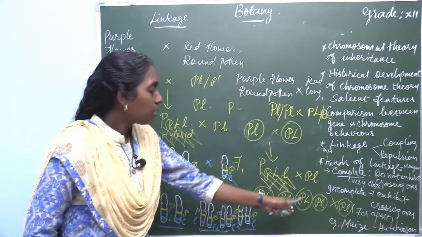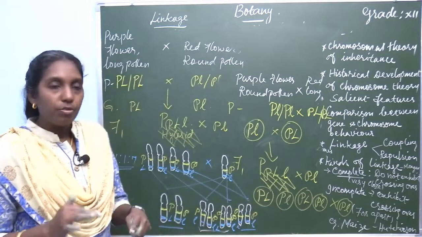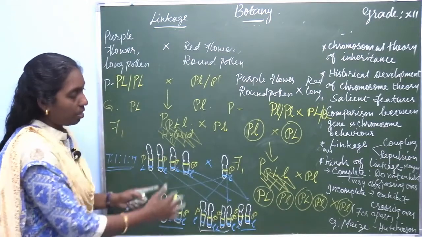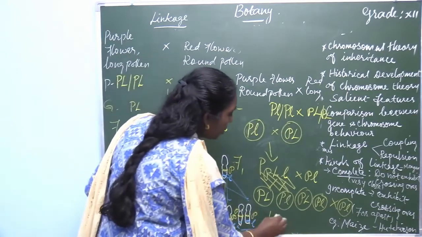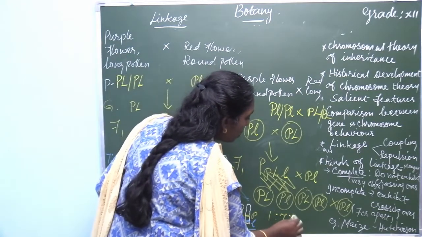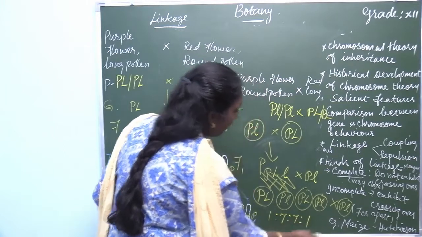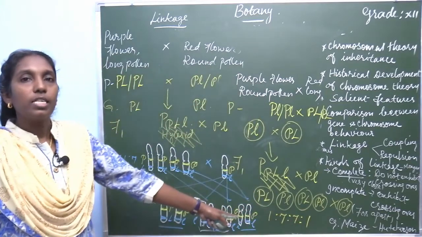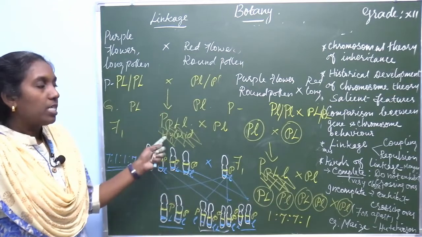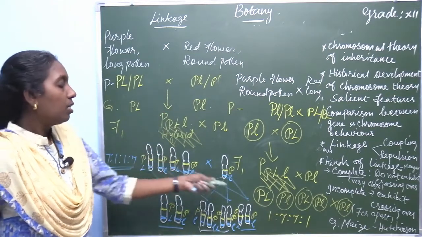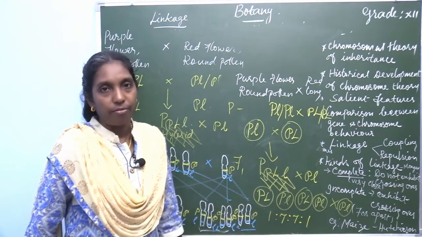So when you make a cross between these two, it produces the ratio 1:7:7:1. So this ratio is called repulsion or trans configuration. Coupling is cis configuration. This is trans configuration.